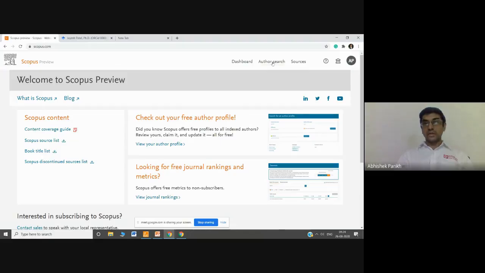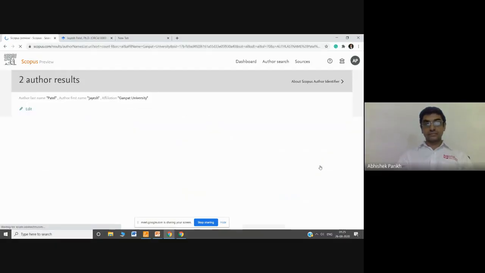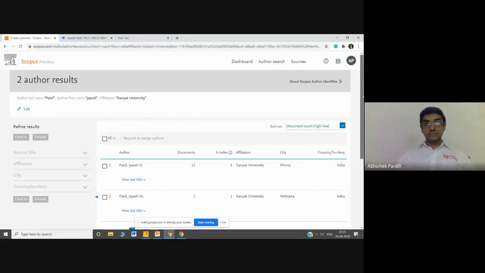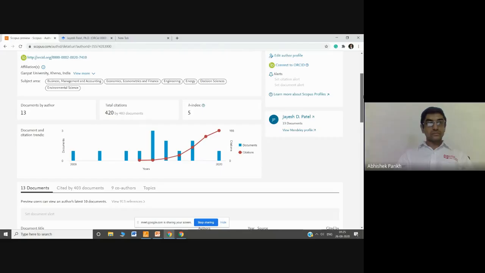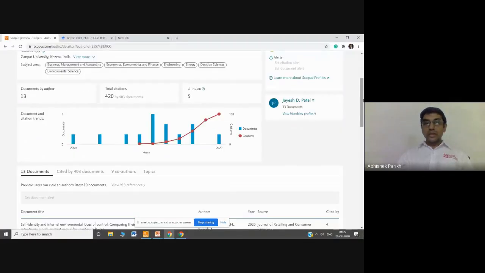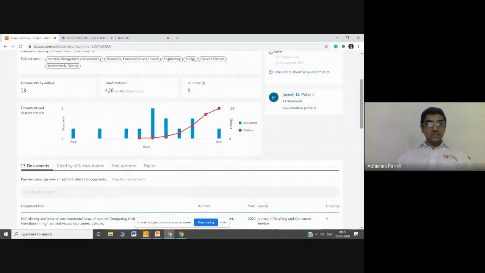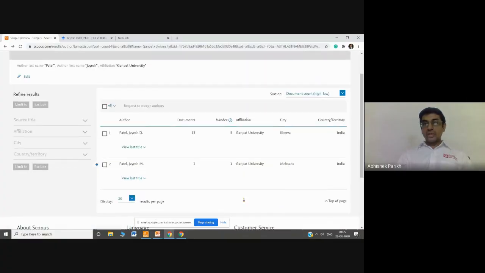Here also I can search. Now if you look, the affiliation is Ganpat University.